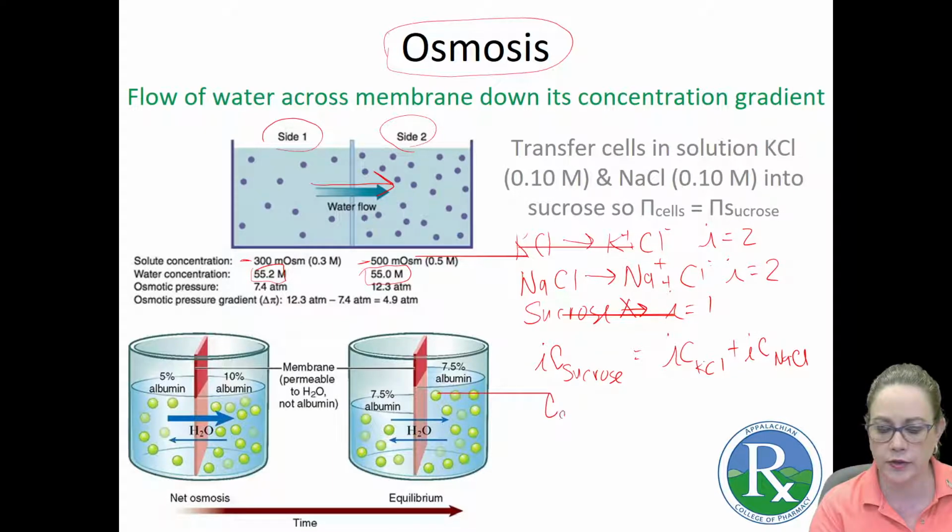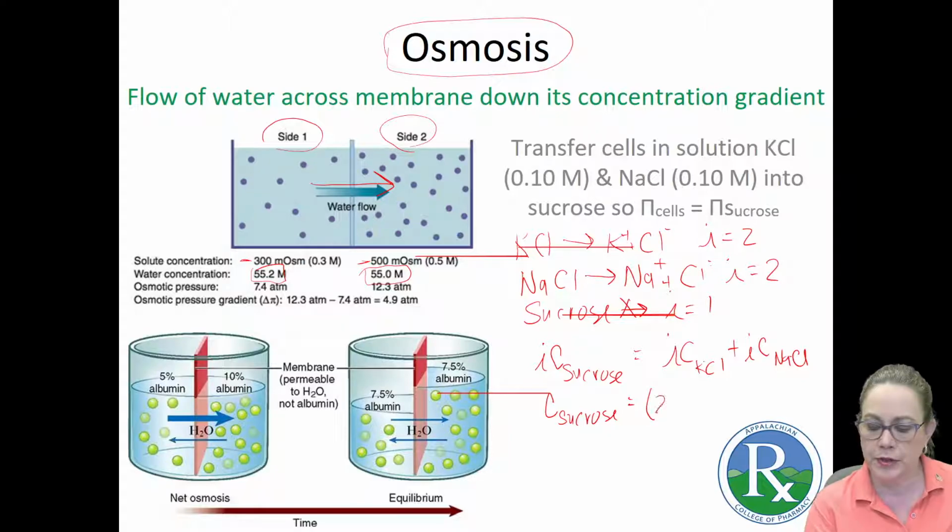So our concentration of sucrose is going to be equal to our I for potassium chloride, which is 2, times 0.1 molar, plus we said our I for sodium chloride is 2, times that's also 0.1 molar.